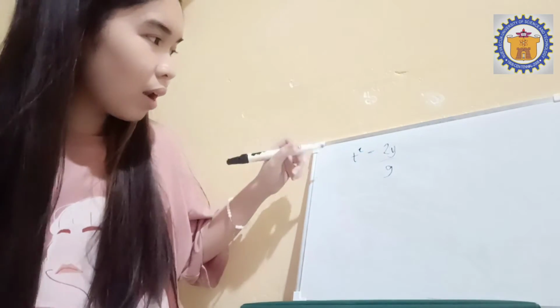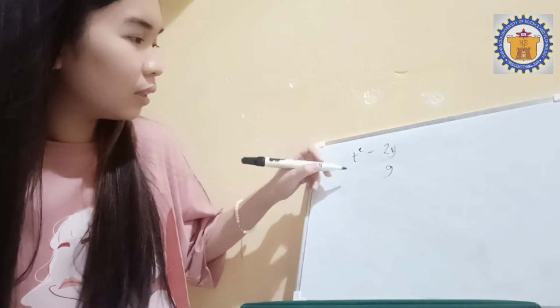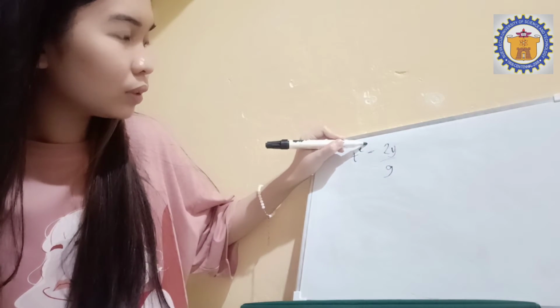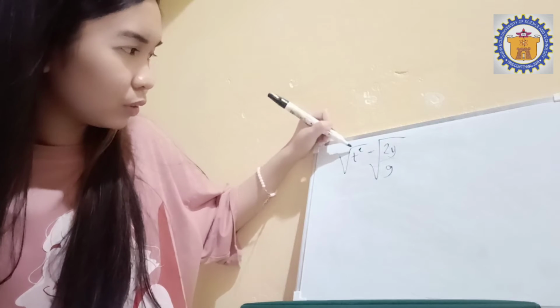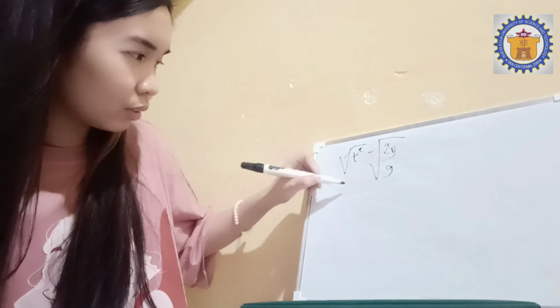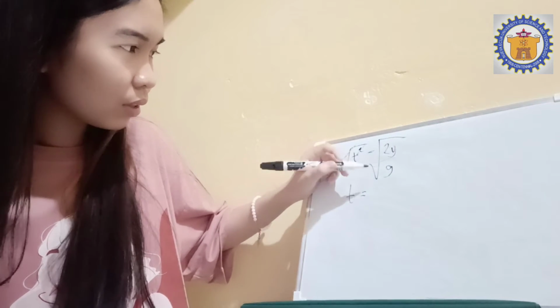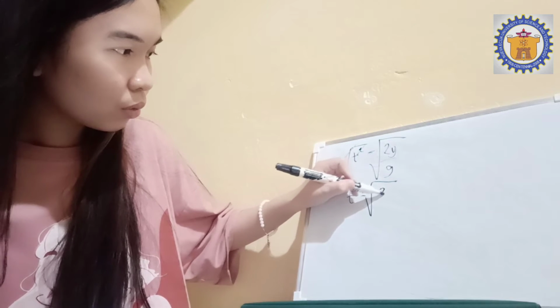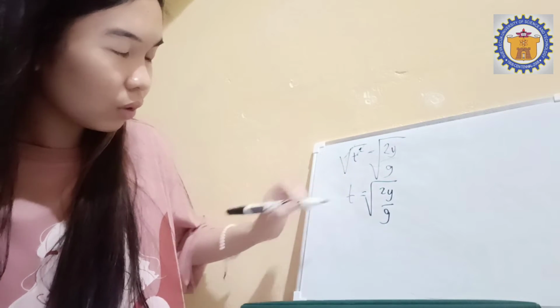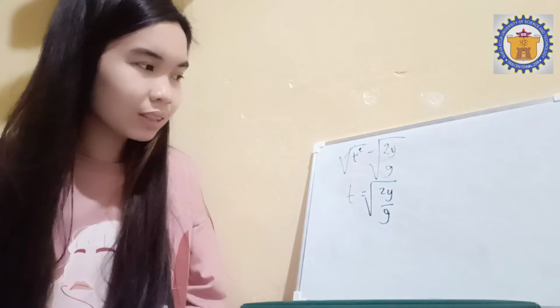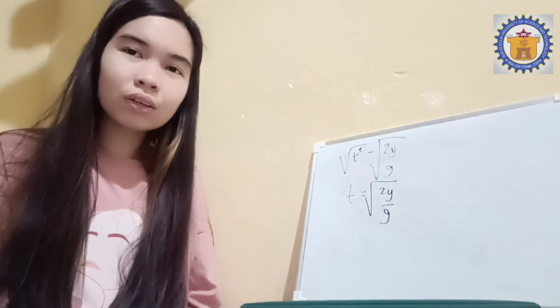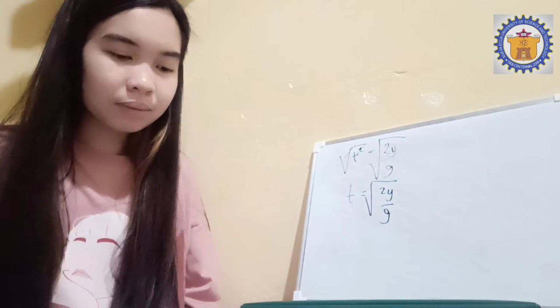So, para mawala yon, lagyan lang natin both sides ng square root. Makakancel na ngayon si square. So, time now is equals to square root of 2y over g. Pwede na natin ngayon i-substitute lahat ng given value kasi nakuha na natin yung appropriate formula.